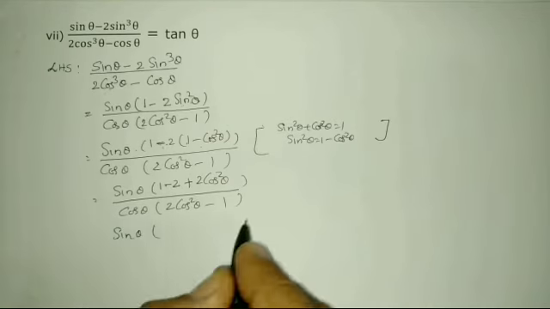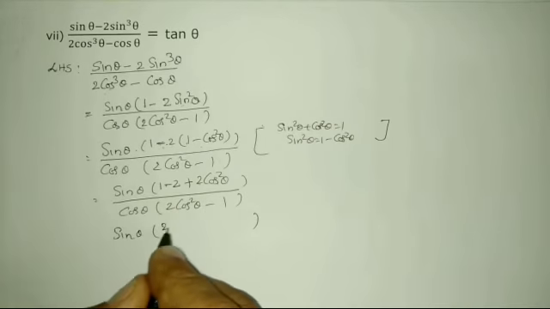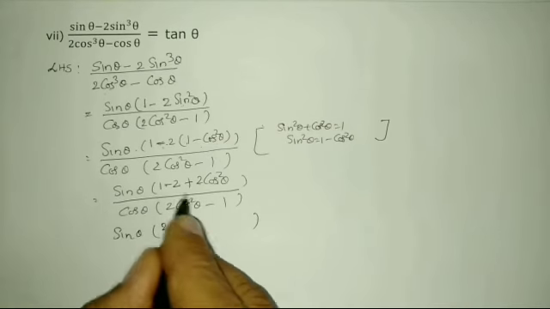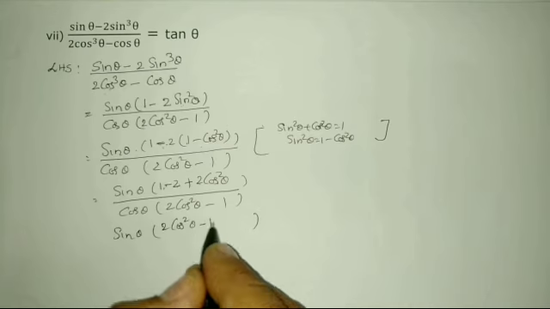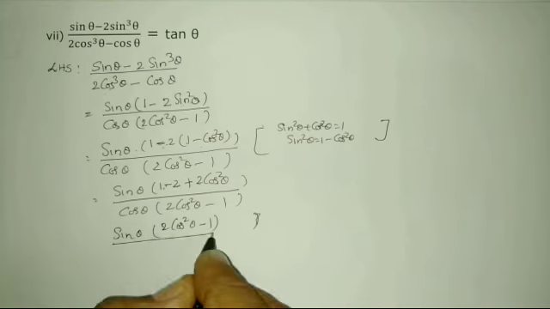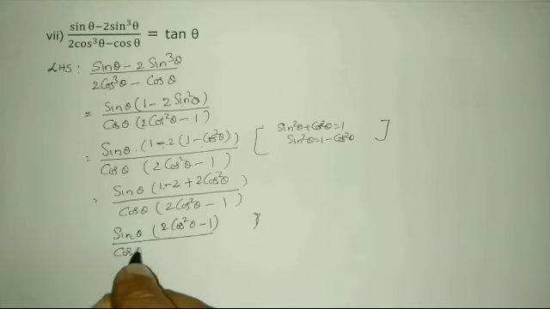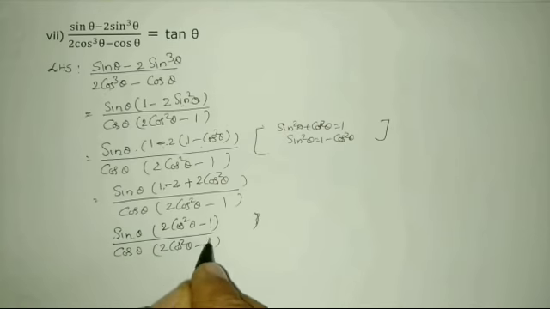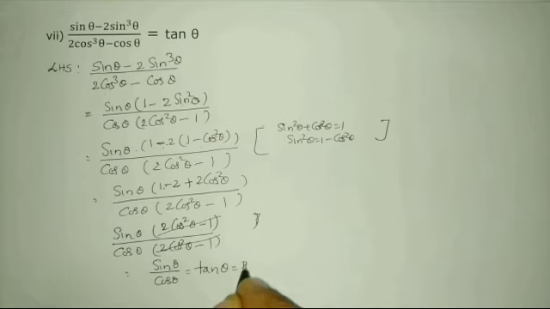So sin theta into 2 cos square theta plus 1 minus 2 gives minus 1, by cos theta into 2 cos square theta minus 1. 2 cos square theta minus 1 by 2 cos square theta minus 1 gets cancelled. So we get sin theta by cos theta. We know that sin theta by cos theta equal to tan theta, so right hand side.